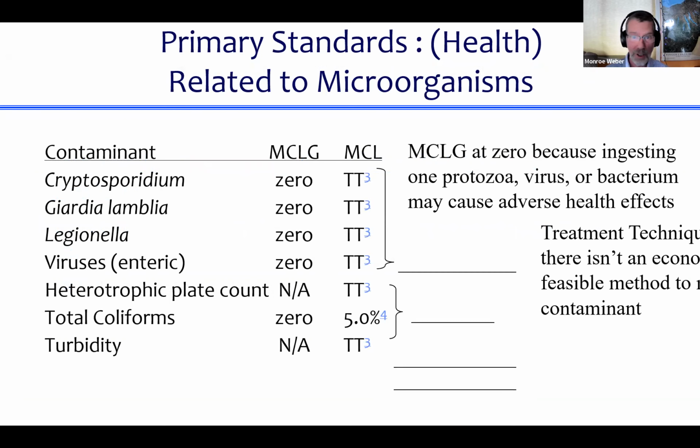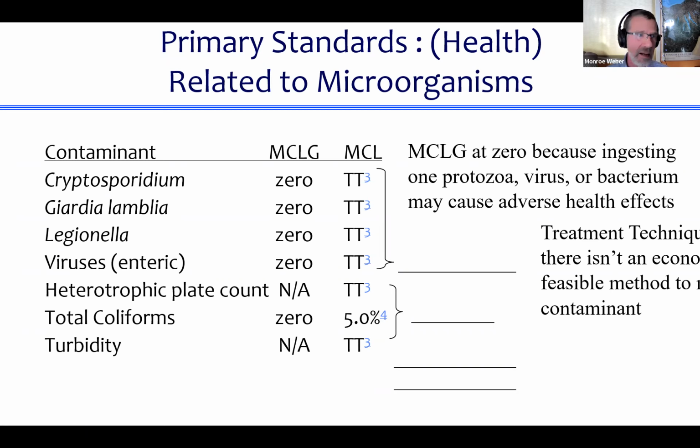Contaminants related to microorganisms. So here's some lovely organisms: Cryptosporidium, Giardia lamblia. I think I had a bout with Giardia when I was in Guatemala many years ago, and have no desire to repeat that experience. And MCLG stands for maximum contaminant level goal, and they've got 0.